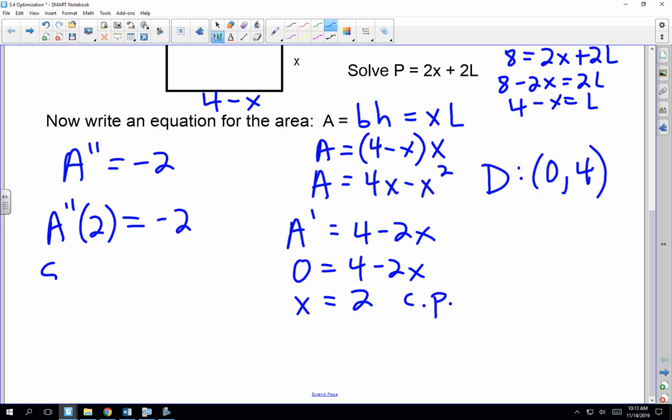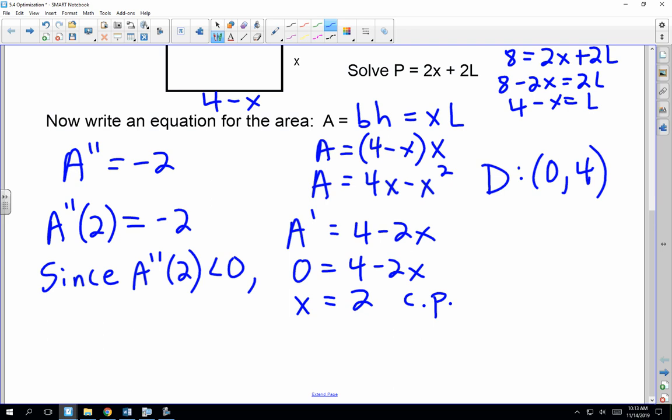So since A double prime of 2, the critical point, is less than 0, and this is the type of stuff we got to memorize. Well, it's not memorized. Like the discussion we had, let's think about it. If the second derivative is negative, which way is our function opening?